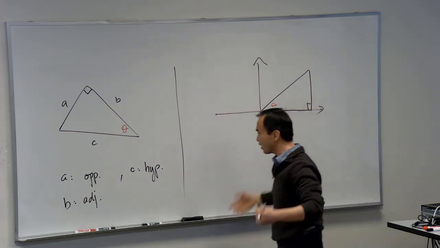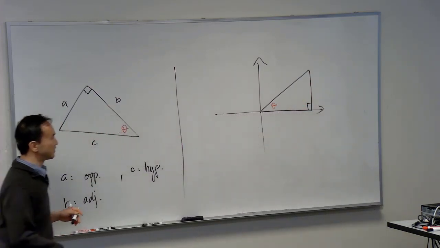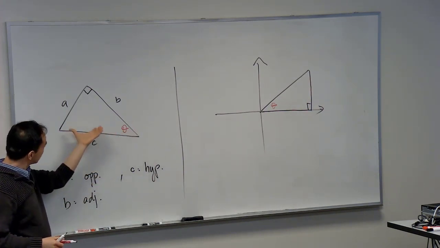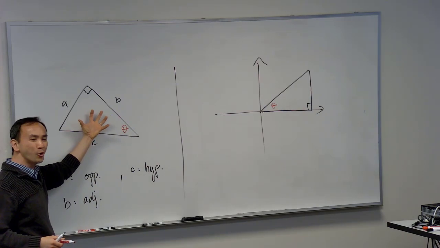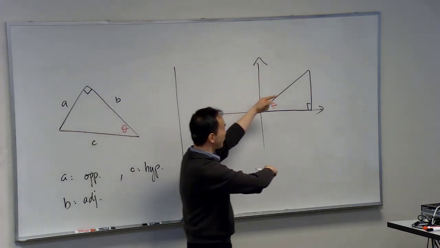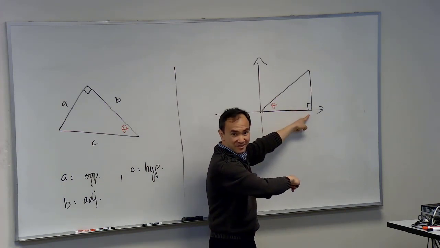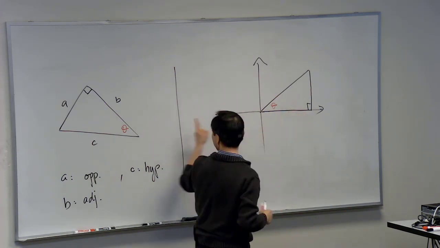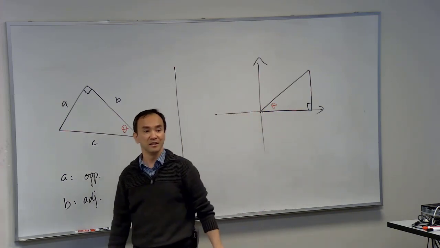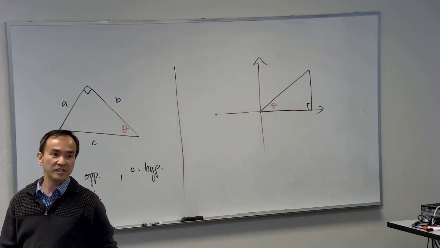And of course, I'm not an artist, so don't blame me if I cannot get the exact same picture. But the idea is, imagine that you take this whole triangle out of the board and rotate it a little bit so that the right angle lands right on that side like that, and the angle that you're targeting, theta, is right at the origin of our axis.